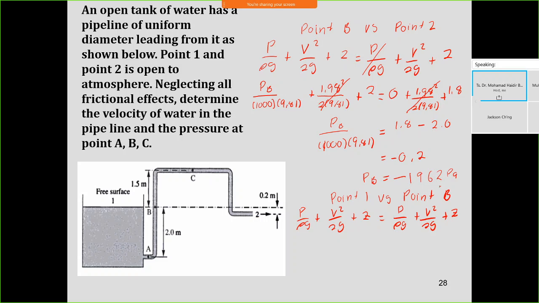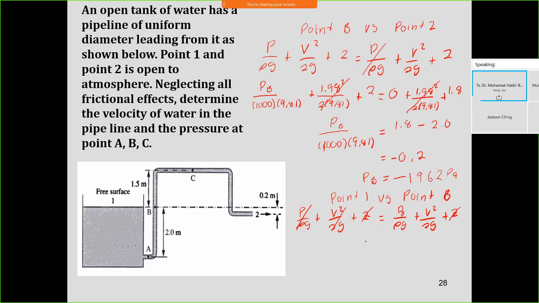For point 1, P equals 0, V equals 0. For point B, there is the pressure, which is what we're searching for, and there is a velocity. However, Z for point 1 and point B is the same, at the same level, so you can cancel Z and Z.